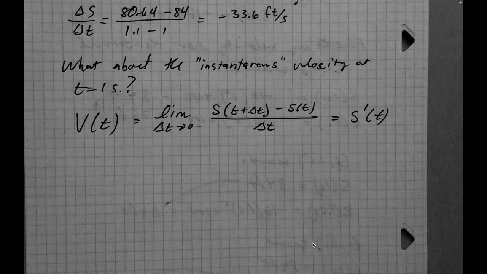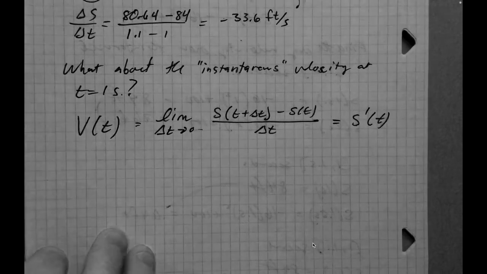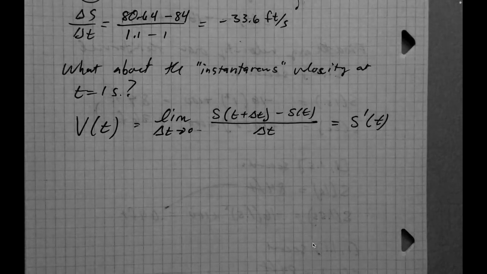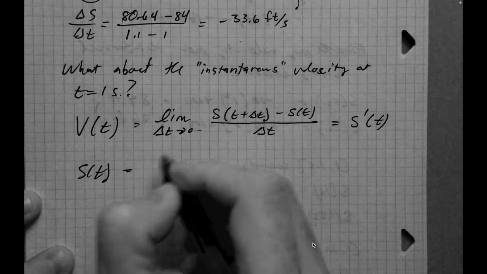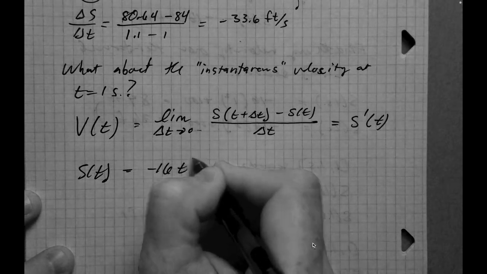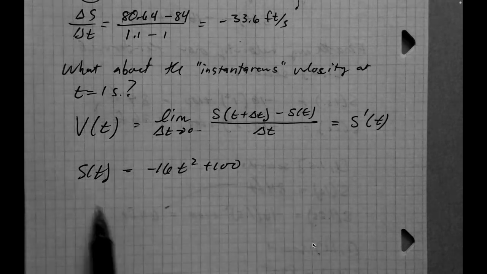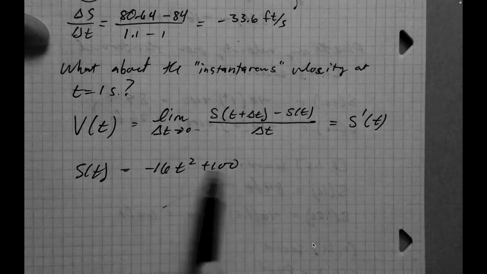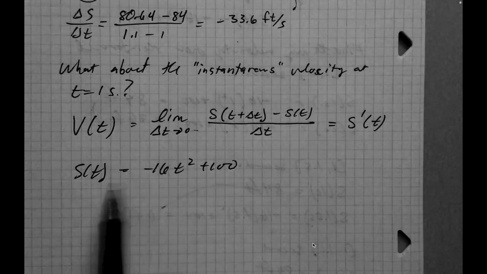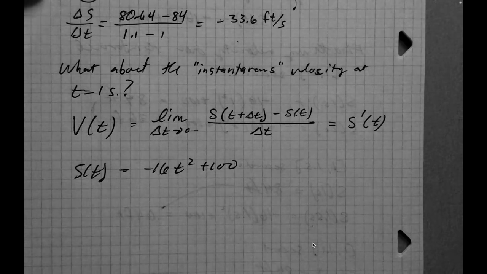Okay, and so what was our specific function? Our specific s of t was equal to negative 16 t squared plus 100. So we could calculate the derivative using this expression, or we can recognize that this function has nice structure that we can use many of our differentiation rules on.